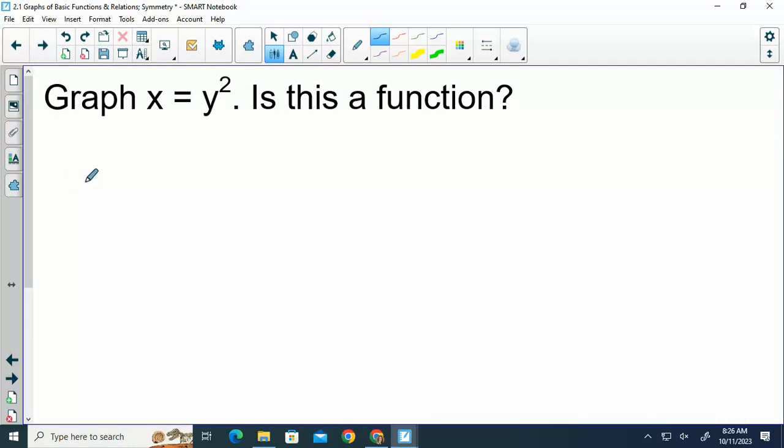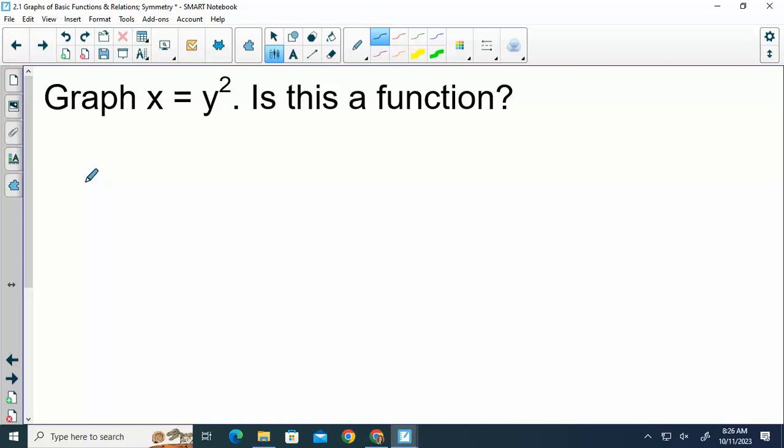Last one I want to look at today. I want to graph x equals y squared. How is that different from my others? Yeah, we flipped the x and y, didn't it? All the others were y equals.